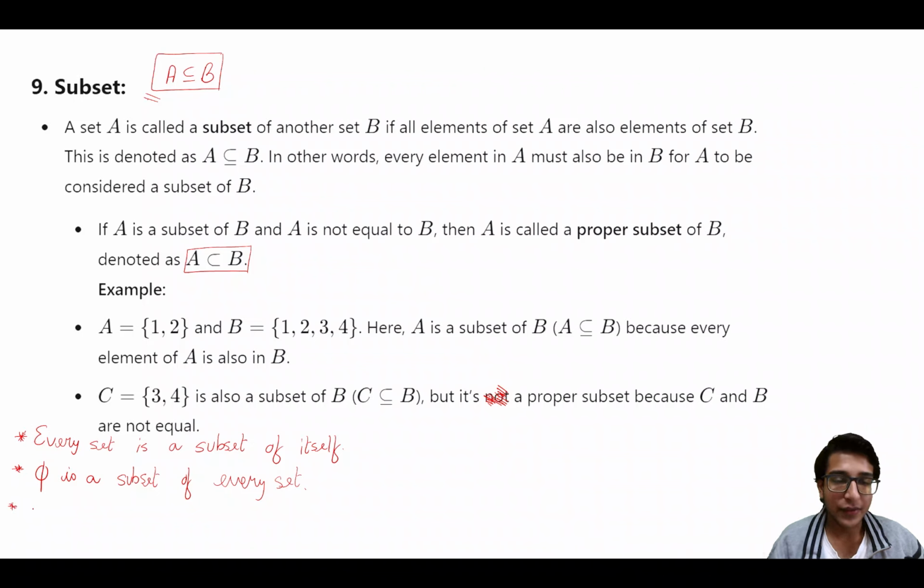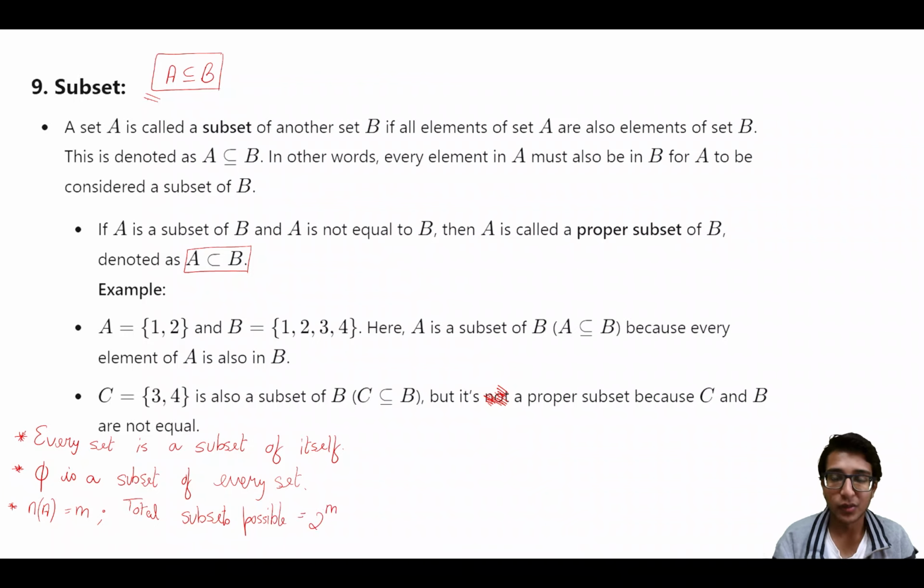Now let's say if I have number of elements in my set as m, then how many subsets are possible for that entire set? So total subsets possible would be equal to 2 to the power m.